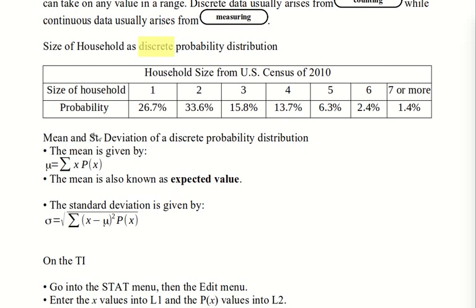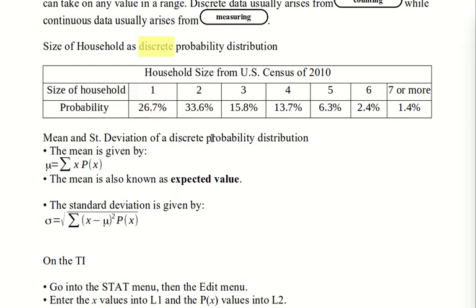So for example, this says that 26.7% of households in the United States at the time of the 2010 census had only one person living in them. And similarly, 33.6 for 2 people, and all the way up to 7 or more.